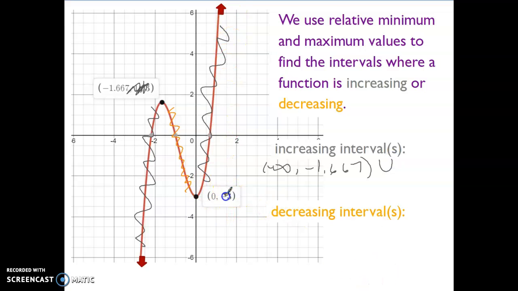And again, I'm not going to look at that y value. I'm going to focus on the x value, 0 to infinity, because it goes on and on forever, up and to the right. Decreasing, just one decreasing interval this time, focusing on those x values. And there's my interval for decreasing.